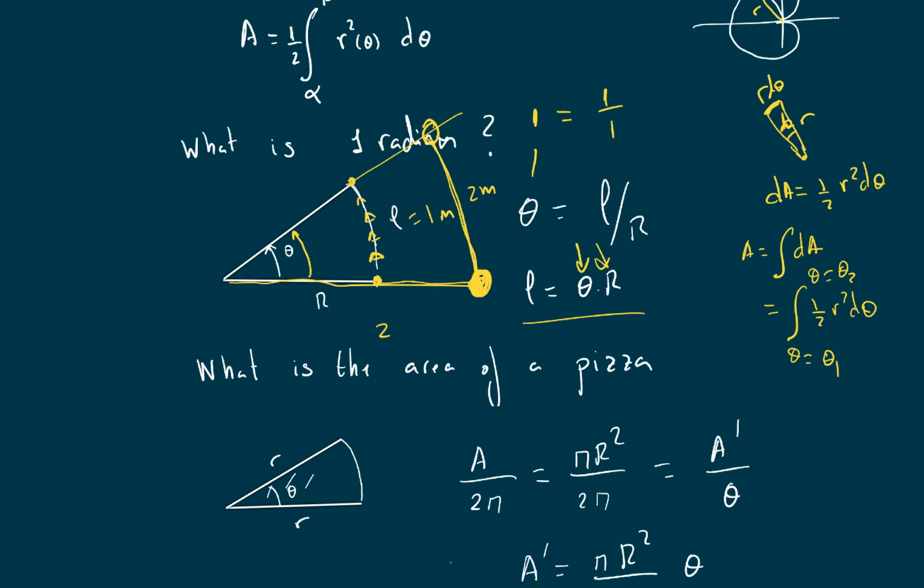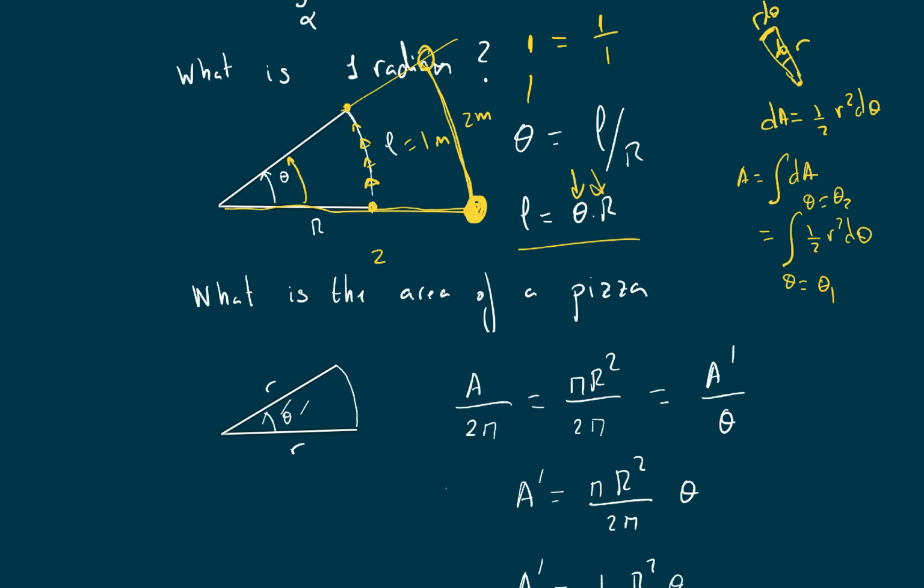So what is the area of a pizza? What is the area of this small pizza? So you cover an angle theta. How will you do it? You will use a relation that is a density, meter squared per radian.